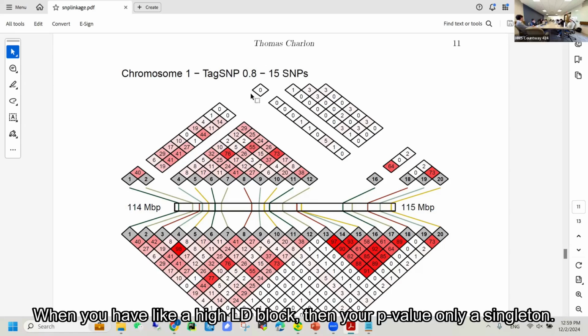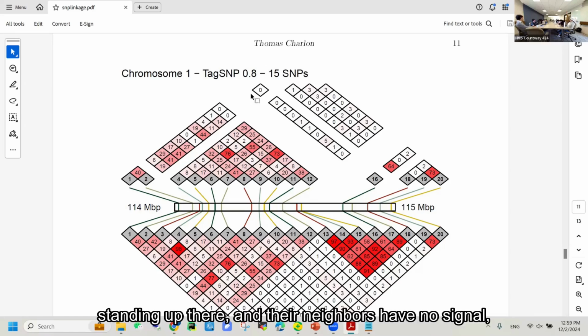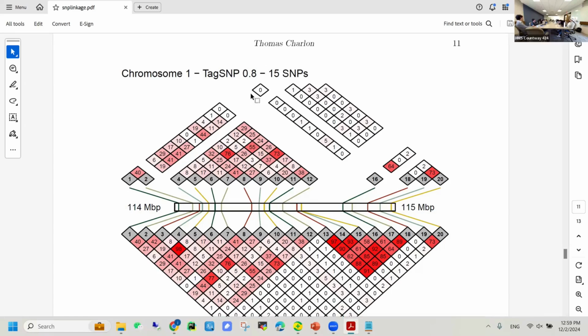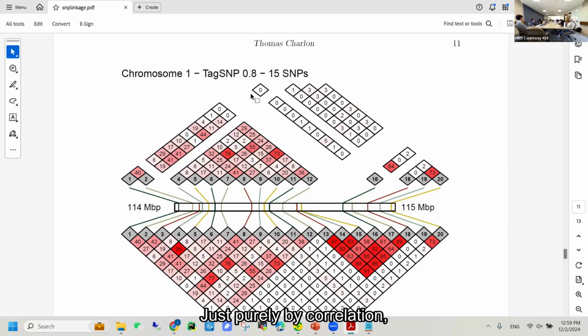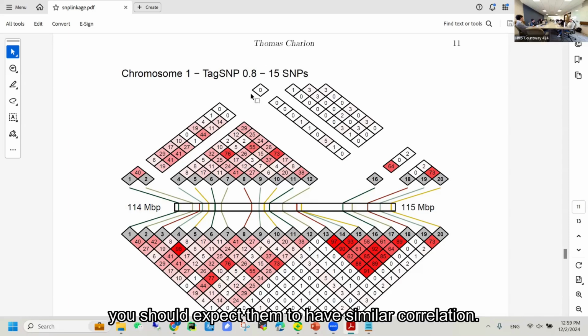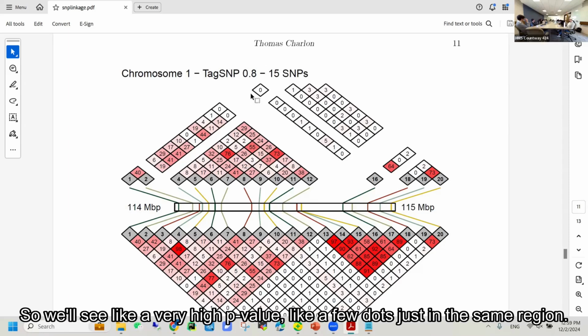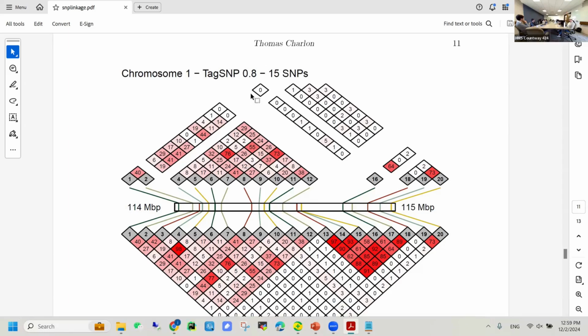When you have a high LD block, then your p-value only a singleton standing up there, their neighbors no signal, that's usually something wrong with your data, right? Just purely by correlation, you should expect them to have similar signal. So we'll see a very high p-value, a few dots just in the same region.